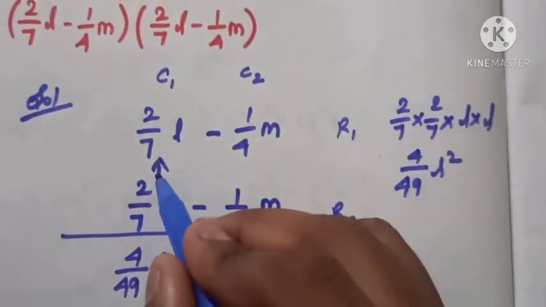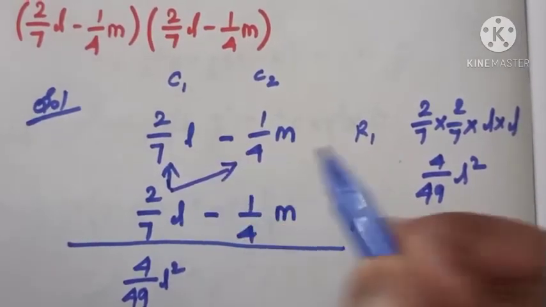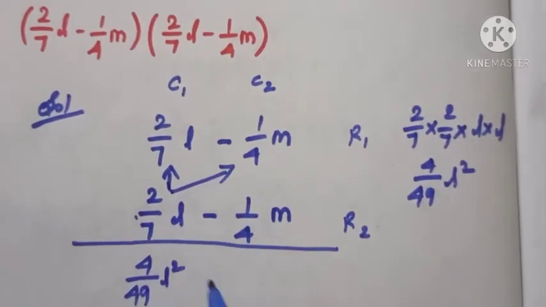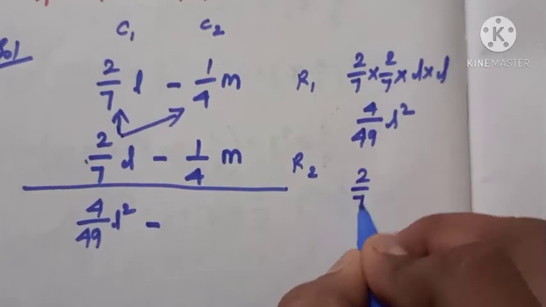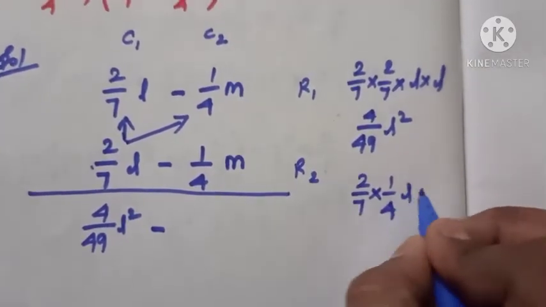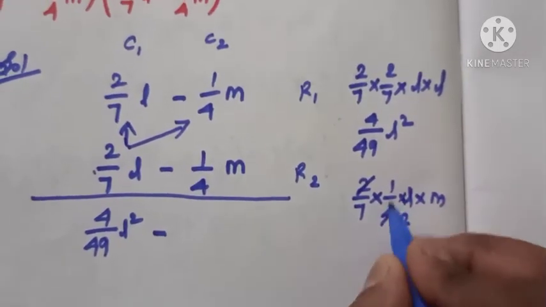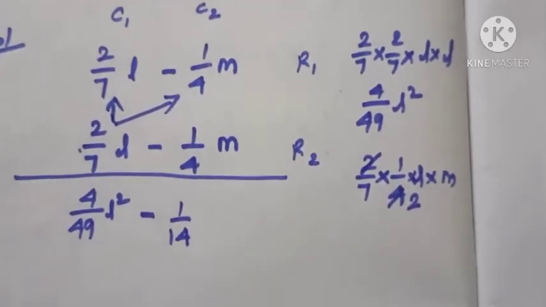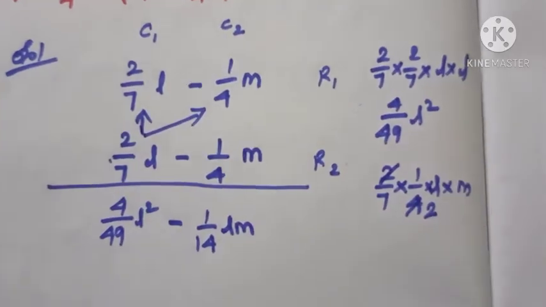Next you need to multiply this column here. What do you get? You get plus into minus. Okay, so 2 by 7 is multiplied with 1 by 4 and L is multiplied with M. So 2 into 4 is 8, and 2 2s are 4, you get 1 divided by 14. 1 by 14 is one value, and L into M you get LM.